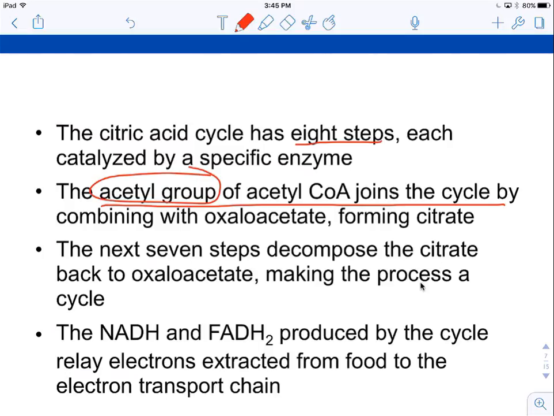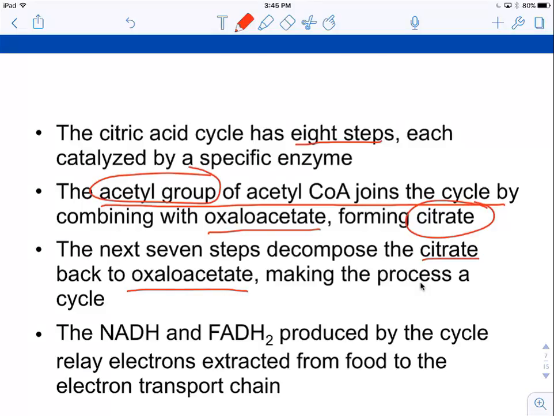So that acetyl group joins the cycle by combining with something called oxaloacetate. And then that forms citrate, and citrate is the first product of the citric acid cycle. Okay. The next 7 steps decompose citrate back into oxaloacetate. So that's what makes this process a cycle.